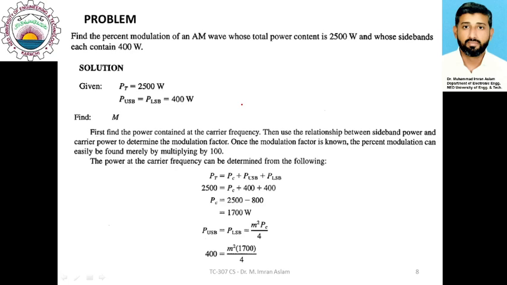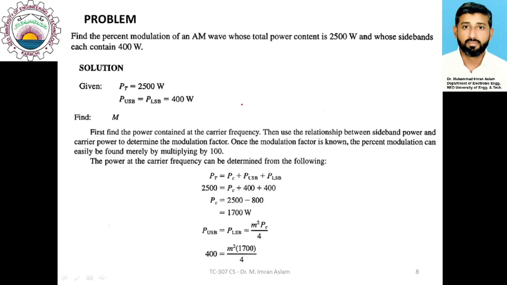Just to summarize, the AM signal power comprises three different components: the carrier power, upper sideband power, and lower sideband power. The only problem is that although a significant amount of power is placed in the carrier, that carrier power does not contribute to the information transmission.